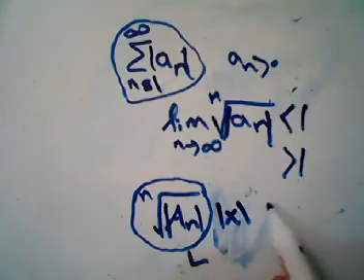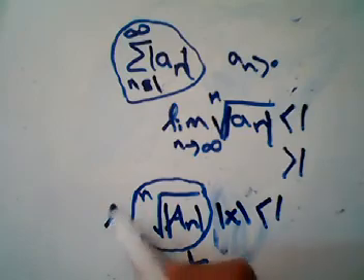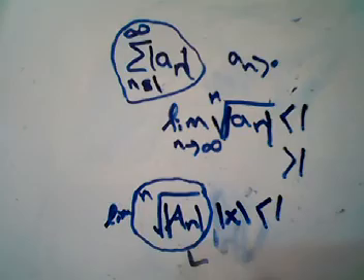Then, in order for the infinite polynomial to be convergent, the limit of this should be smaller than 1. And this doesn't depend on n. Okay? It is just a constant here.